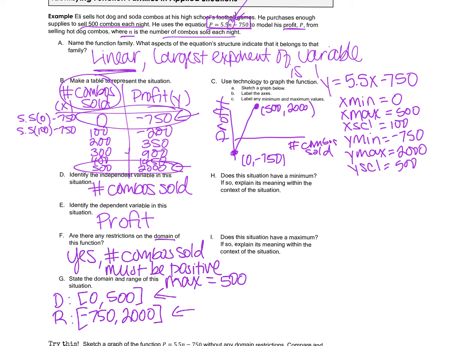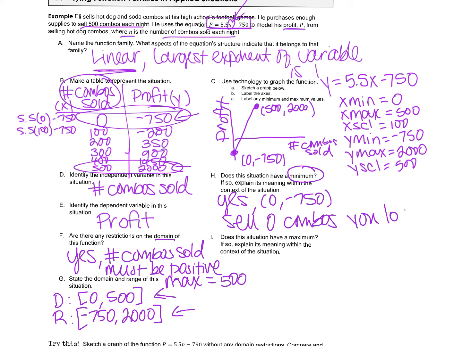All right, so going to H, does this situation have a minimum? Yes. It says, if so, explain its meaning with the context. So yes, that point was 0, negative 750. And the meaning behind that was if you sell 0 combos, you lose $750.